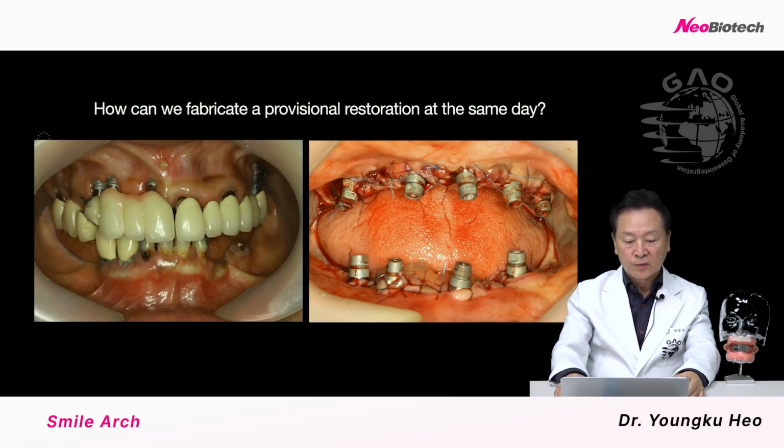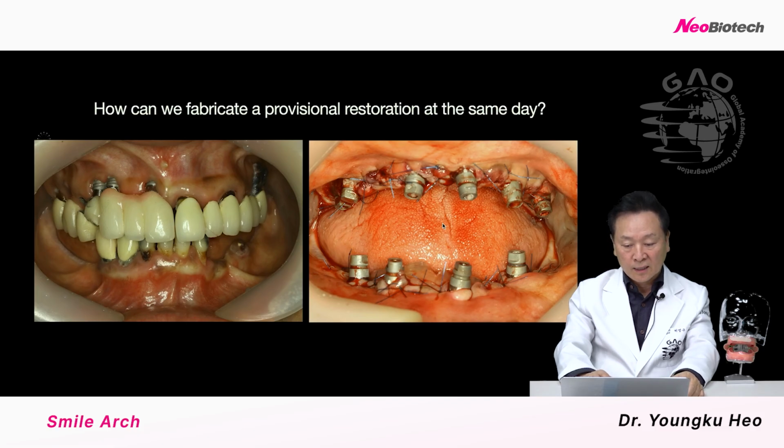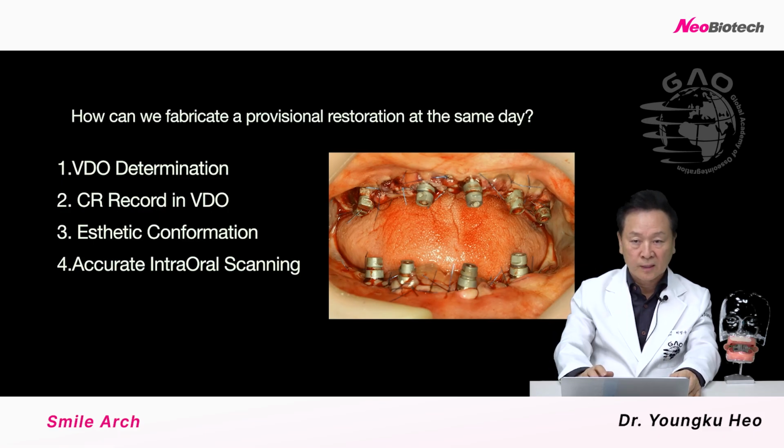So as you see here, if there's a patient, and after we place implants, we'll see this kind of situation. So how can we fabricate a provisional restoration on the same day? We need the vertical dimension and also the CR record in vertical dimension of occlusion. And also we have to confirm the aesthetics from the patient.